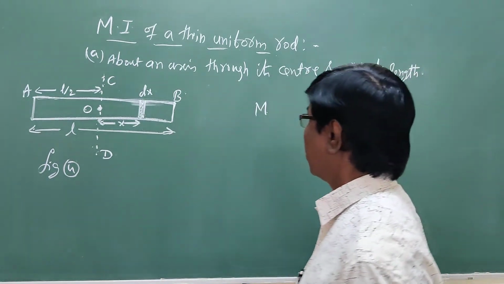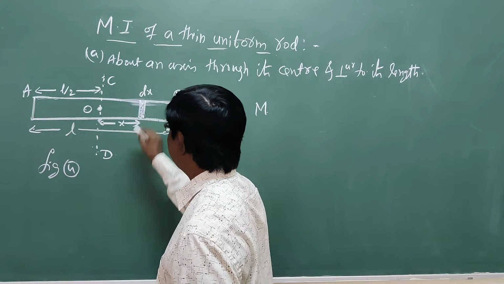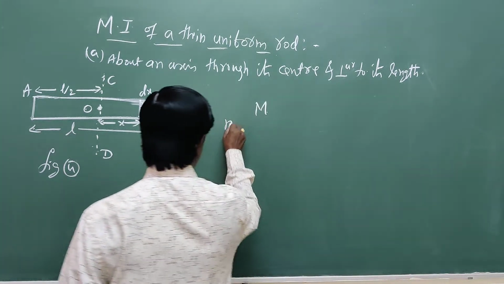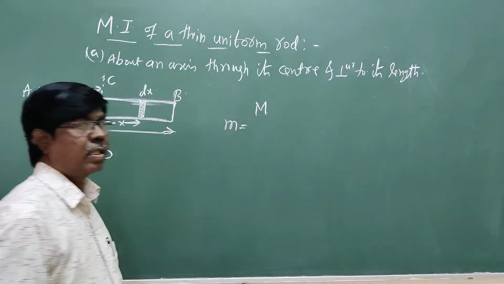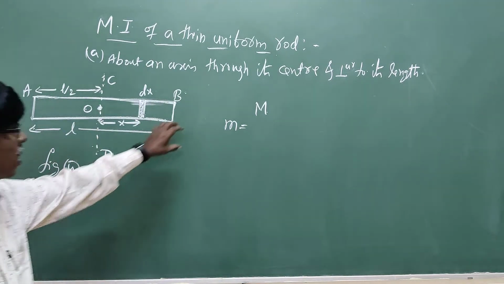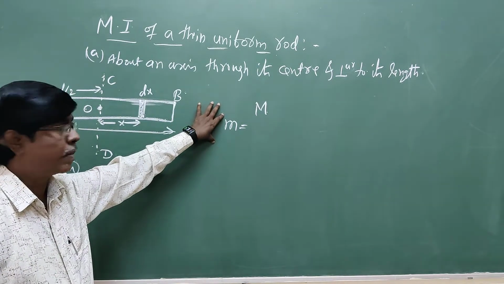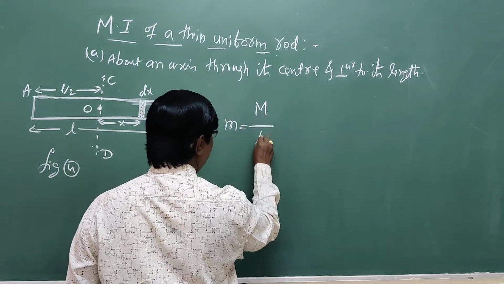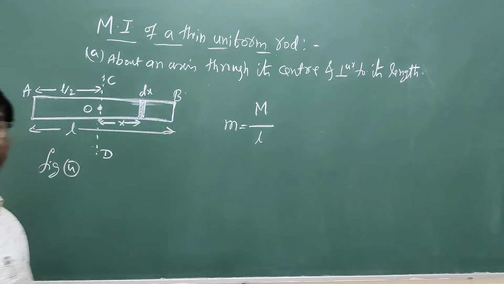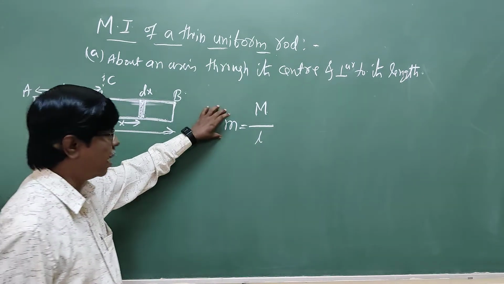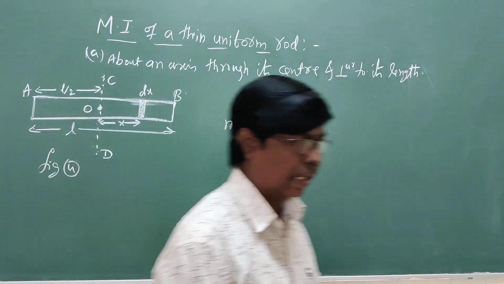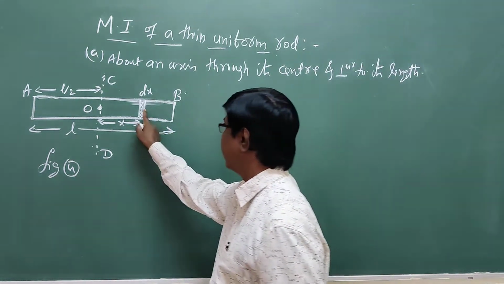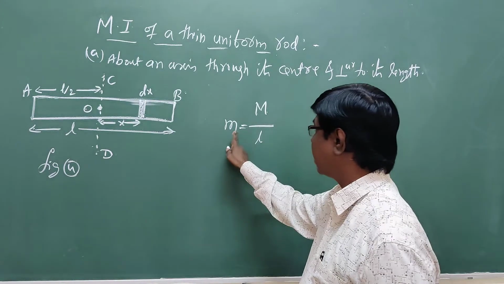The mass per unit length is small m, which is nothing but capital M divided by L. So the mass of the small element dx is small m times dx.